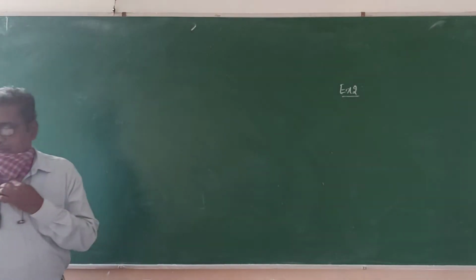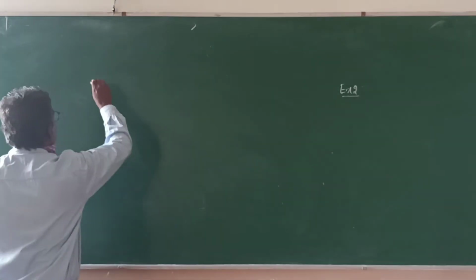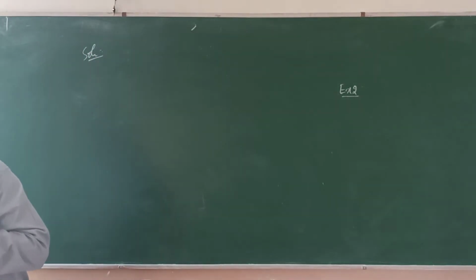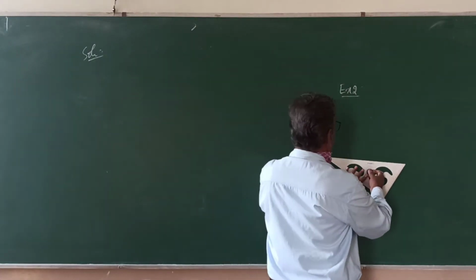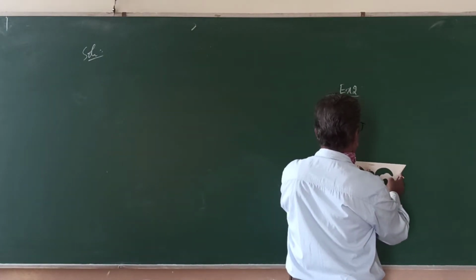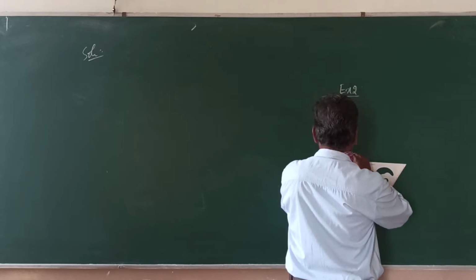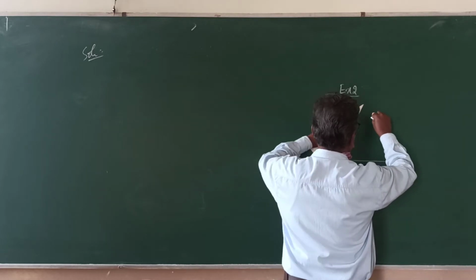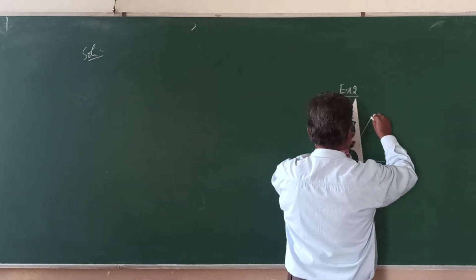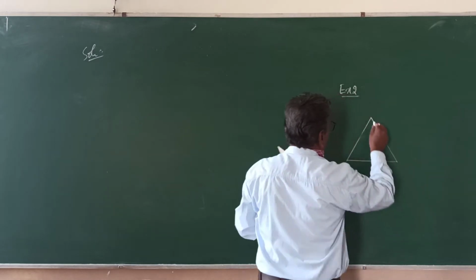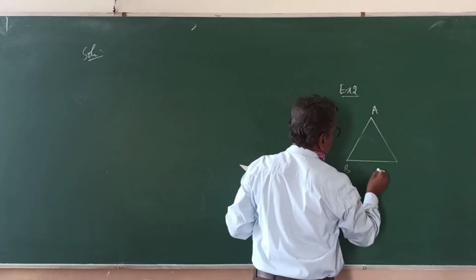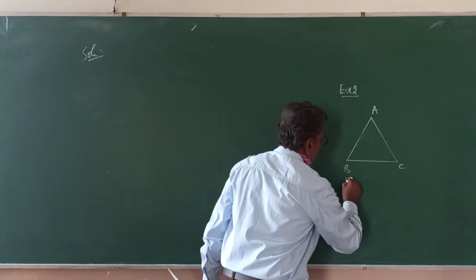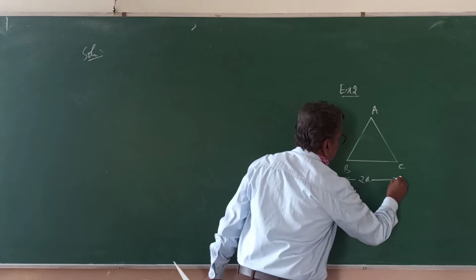ABC is an equilateral triangle, whose all sides are equal. Yes, ABC is an equilateral triangle whose side is of 2A.